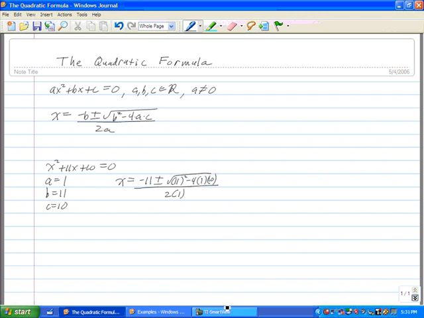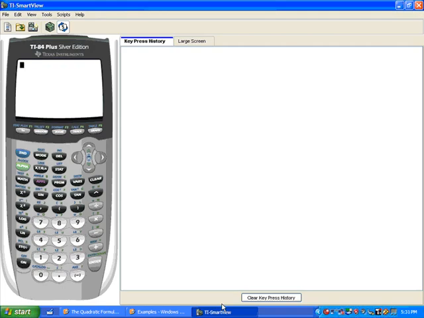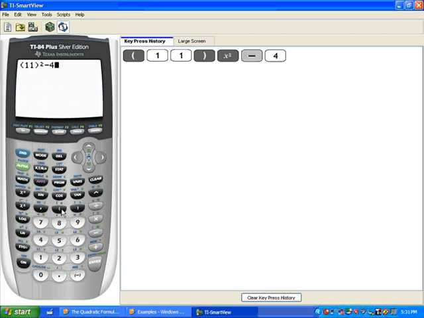So we'll go to the calculator and we'll put in the 11 squared minus the 4 times the 1 times the 10. Again, typing it in exactly the way you saw it. And this tells us we have a discriminant of 81.